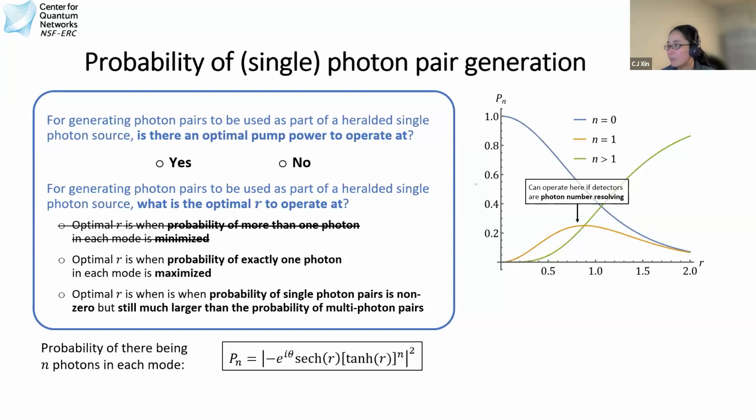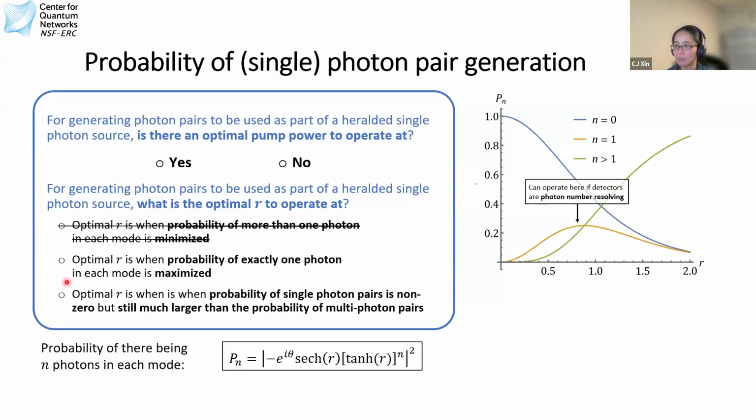But actually, in a lot of cases, what you're working with is option 3, where you really have to make a hard decision about whether you want more single photons, but also more single pairs, and then some probability of multi pairs.